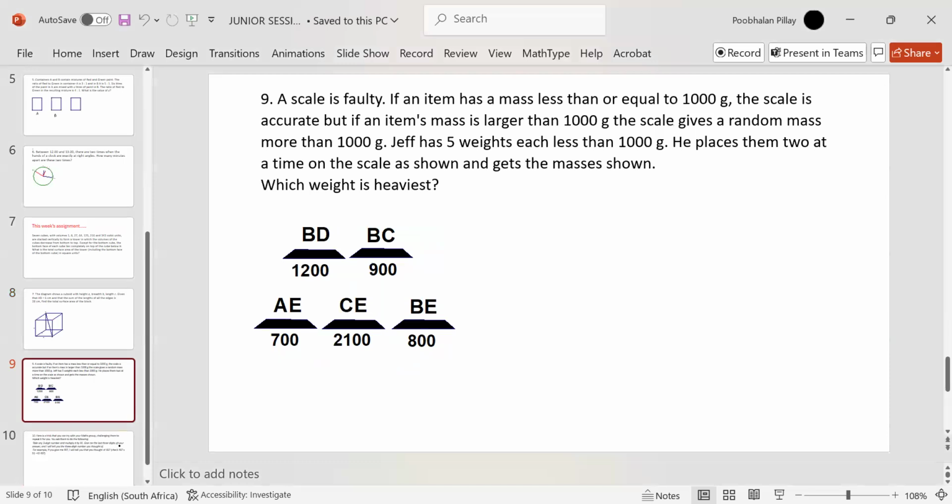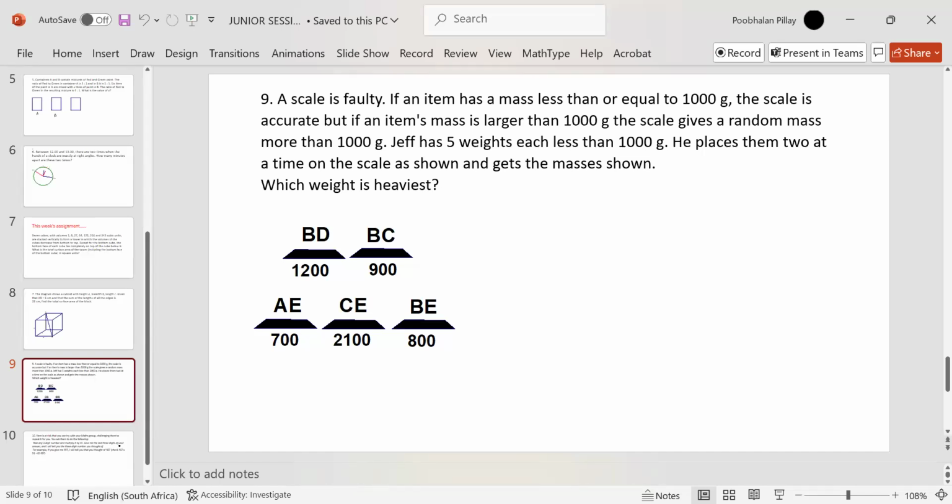Oh, now you got all funny looking plateaus here. So what's happening here? A scale is 40. Also, these are all scales, right? If an item has a mass less than or equal to 1,000 grams, if the mass is less than 1 kilogram, the scale is accurate.